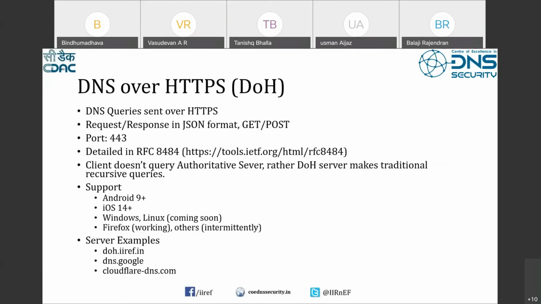The native support in Windows and Linux is coming, and support for DOH in Firefox is already there, but currently, by default, it is available for only two DOH servers. One is Cloudflare and one is NextDNS. But of course, you can add your own custom DOH server if you have any.